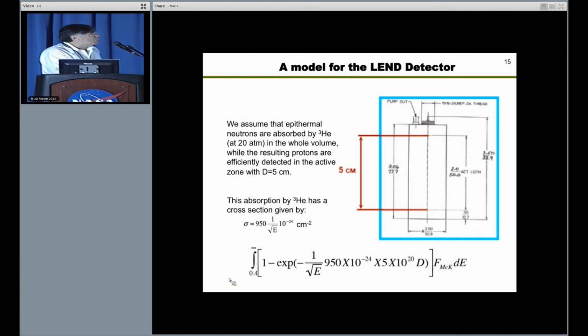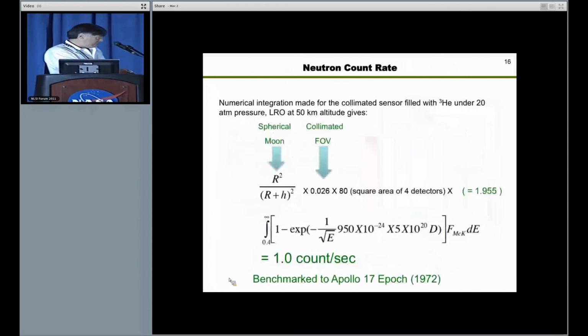This is that McKinney distribution, as you remember, which is also a function of energy, and we integrate this. Putting it all together with some factors due to the area of the 4 detectors itself, the spherical moon, integrating underneath the detection efficiency of the helium-3 detectors, we get 1 count per second, but this is benchmarked to the Apollo 17 epoch.